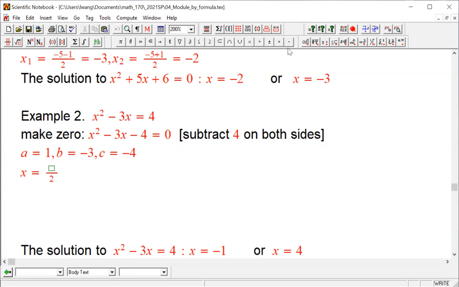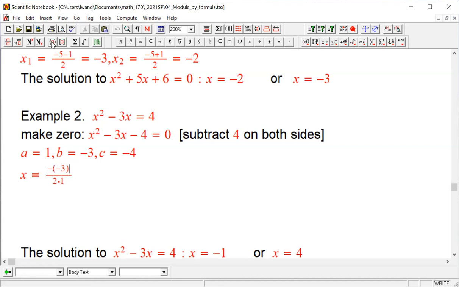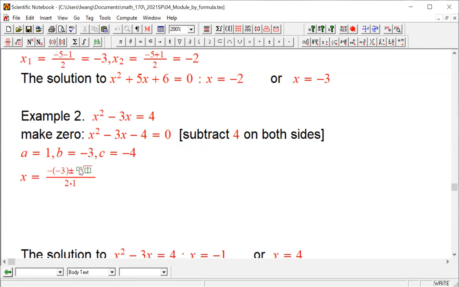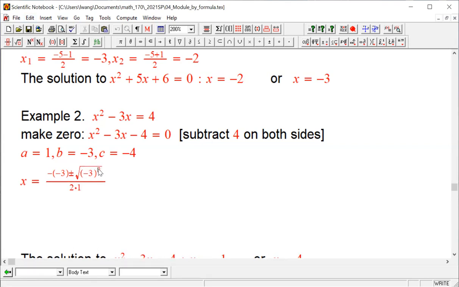So 2 times 1, and negative of -3, plus or minus the square root of -3 squared minus 4 times a is 1, c is -4. Okay, and then we're going to proceed to simplify this expression.